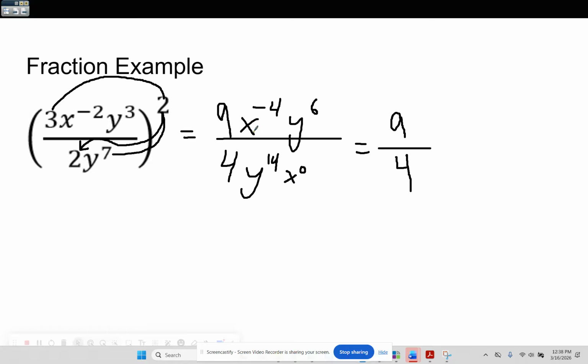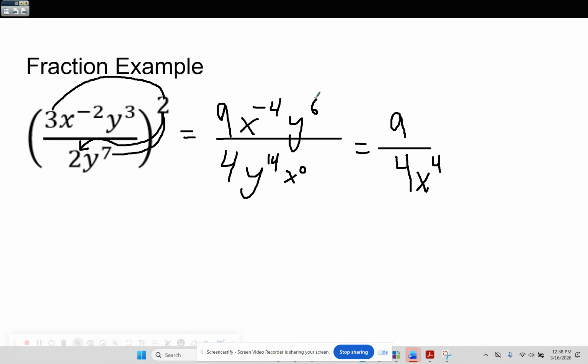My exponents would be x to the -4 minus 0 is still -4, and we know that negative exponents need to be fixed by moving them to the opposite side and changing their exponent to a positive. So this x to the power of -4 is going to jump to the denominator and is going to be turned into a +4.